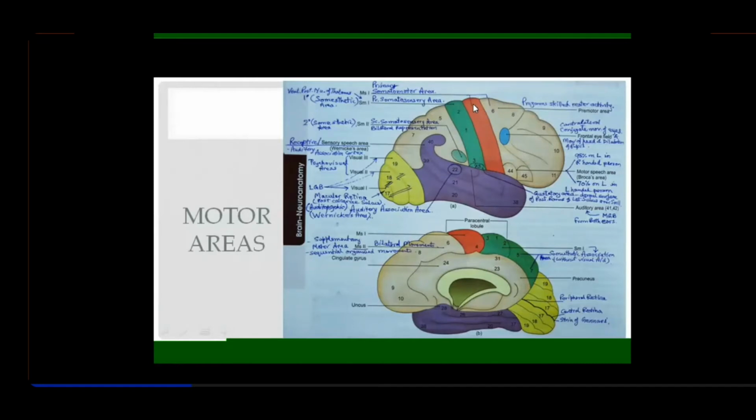And as I told you, area number 4 was mainly causing initiation of gross, coarse movements. But if area number 6 gets involved in that activity, it will cause programmed skilled movements, right? For example, if you have a glass of water kept in front of you and you have to pick it up, you move your hand towards that object, but your hand can reach beyond that, or it might reach in either direction rather than gripping the glass.